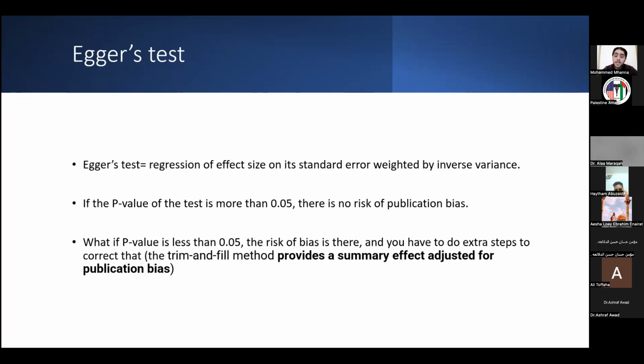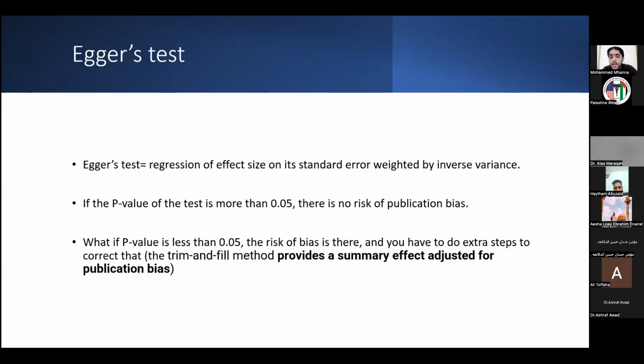As I said, it doesn't have anything to do with the screening phase, but this is the nature of publication. Publication bias is something inherent, and you cannot do anything about it. But we can do something statistically. We can adjust or provide a summary effect adjusted for this publication bias, and I will show you how.